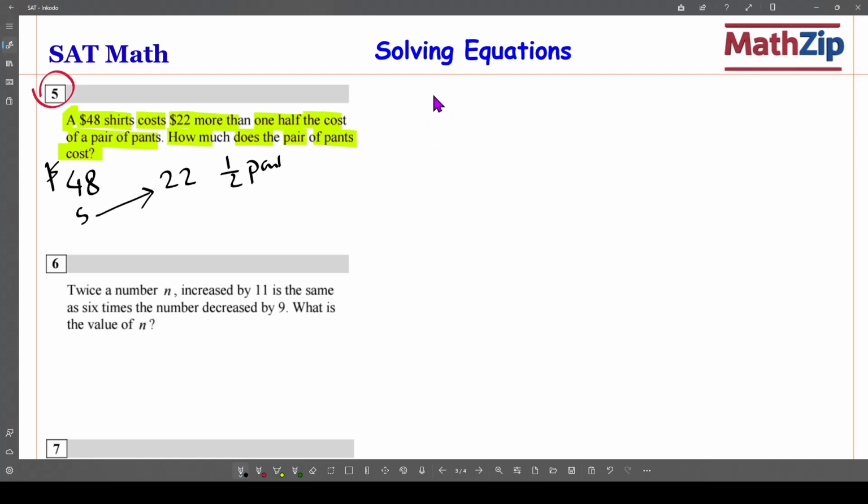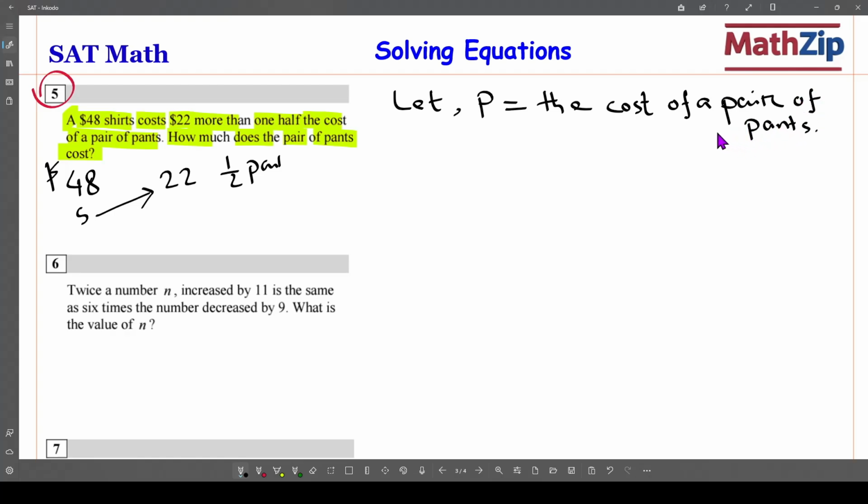So we can write like this: let P equal the cost of a pair of pants.